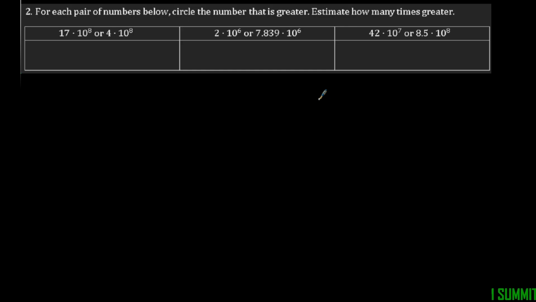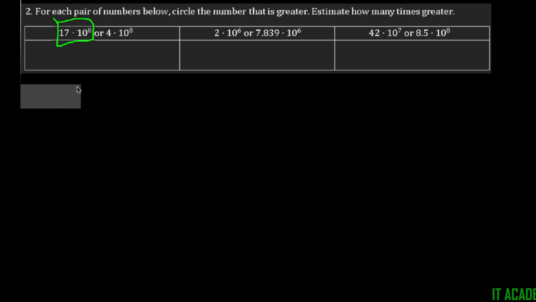Okay, then it says for each pair of numbers below, circle the number that is greater, and then estimate how many times greater. So for this one, notice how both of them have 10 to the 8th power. So the one that is larger is going to be the 17.